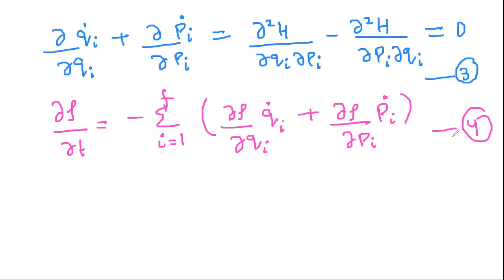Then we wrote another equation, another form of Liouville's theorem, which is in the form of the total derivative of rho with time. What was that equation?